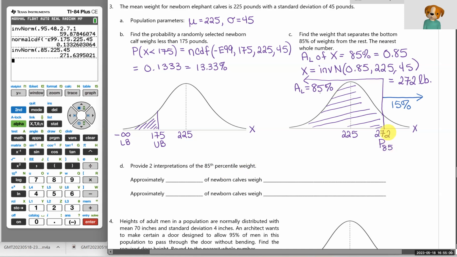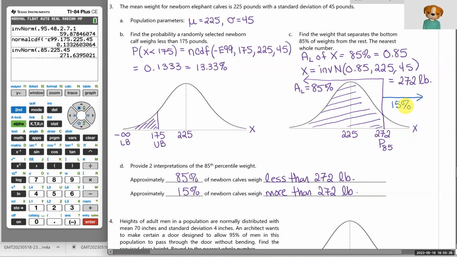Approximately 85% of newborn calves weigh less than 272 pounds, which means that approximately 15% weigh more than 272 pounds. So again, every data value separates the graph into two parts, the part to its left and the part to its right.